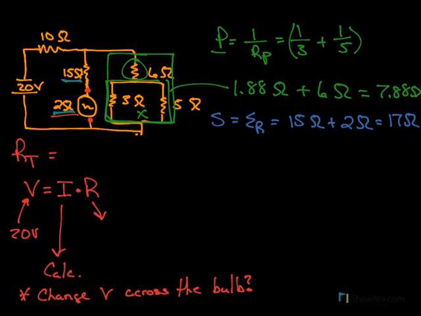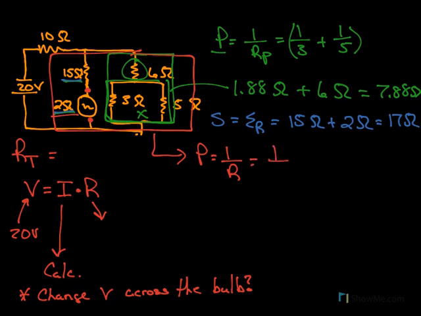So now I can consider the larger picture here, which is all of this together, these 2 branches, which are, again, in parallel. So when I'm doing parallel, I have to deal with the inverse of the resistance. So I'm going to take the inverse of one branch, which is 1 over 7.88 ohms. I'm going to add that to 1 over 17 ohms.